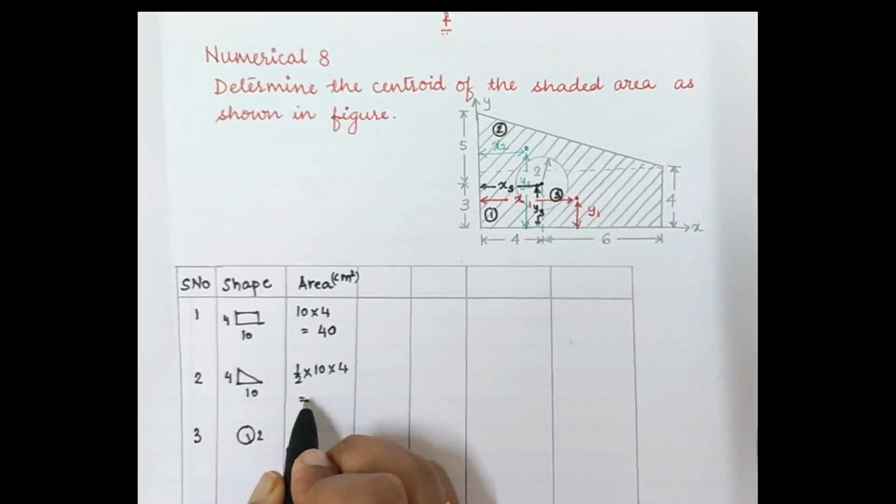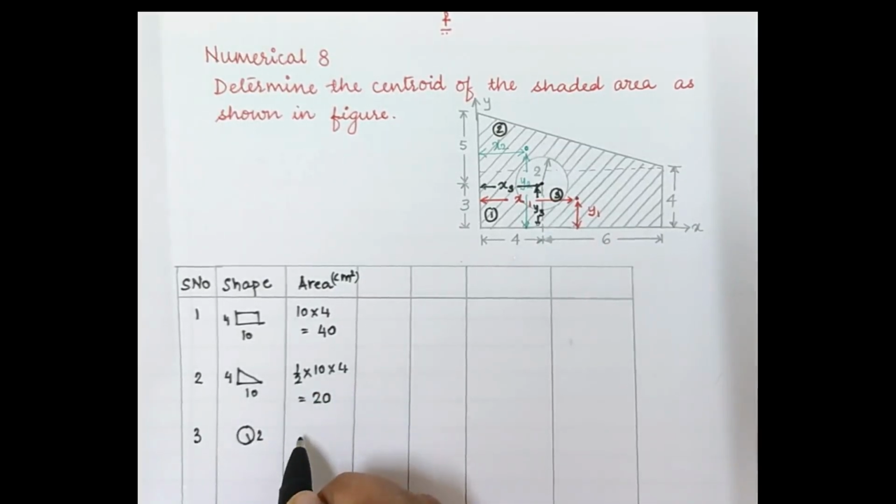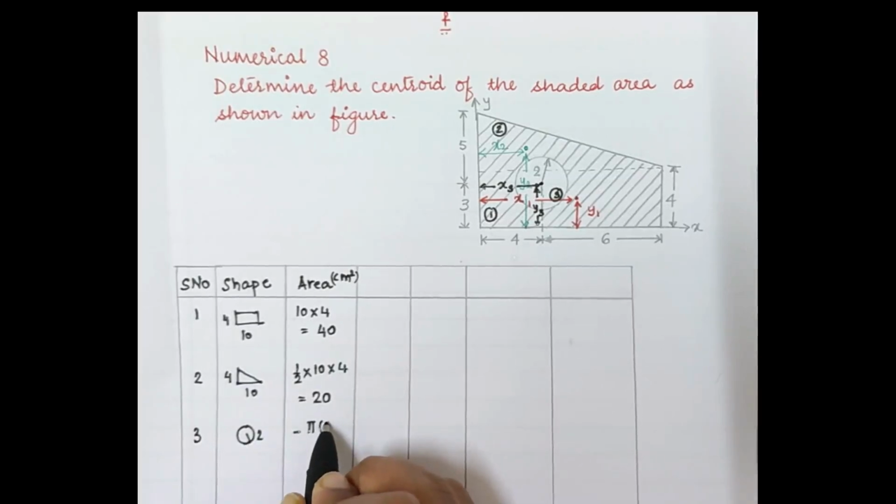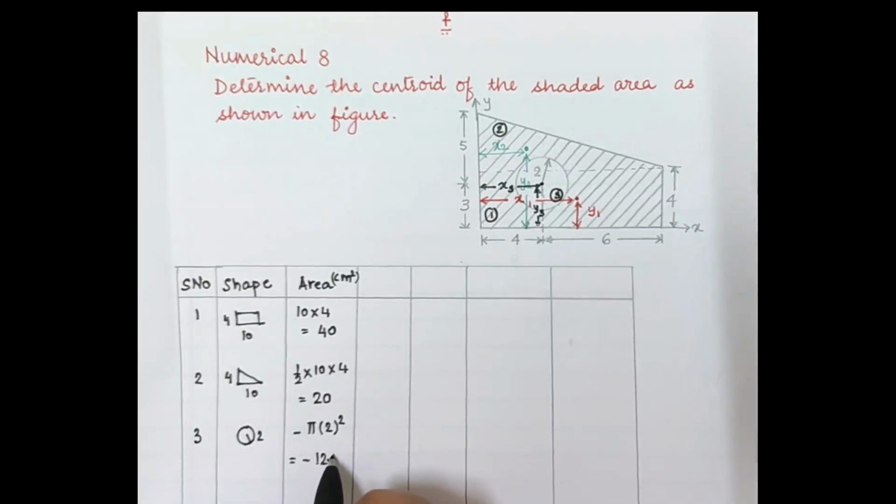This comes out to be 20. Whereas the circle area has to be deducted, therefore we put a negative sign, and the equation is pi r square, where r is 2. Since it is a complete circle, we keep it as pi r square. This value comes out to be minus 12.56.